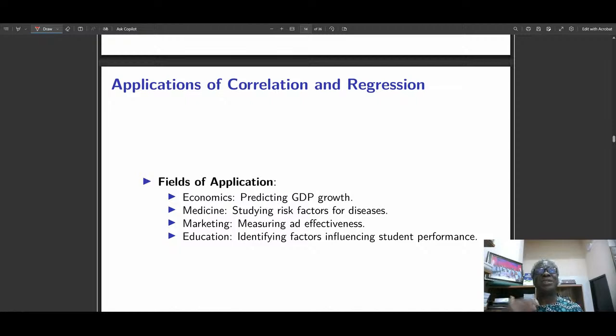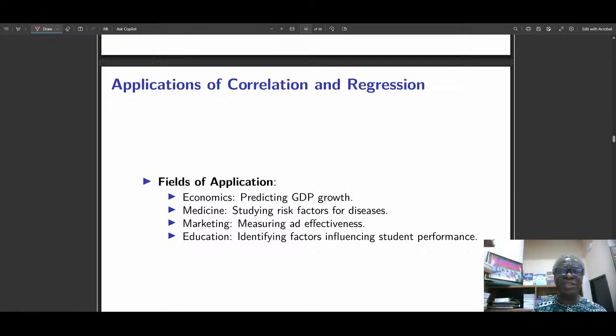Occasionally the IMF will say, we predict that Nigeria's economy will grow by 3%, 2%, 5%. So regression is used in economics to predict growth.